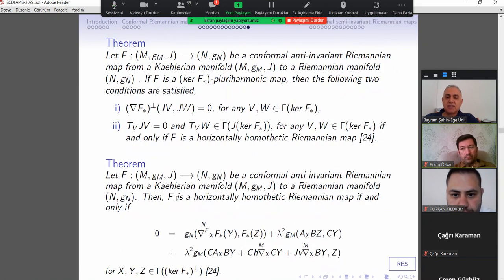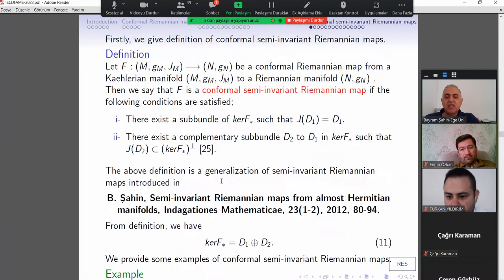So you see, we have several new characterizations for this kind of conformal Riemannian map by using complex geometry and the theory of maps itself. So by generalization of the conformal anti-invariant Riemannian map and conformal Riemannian map, we have the conformal semi-invariant Riemannian map.